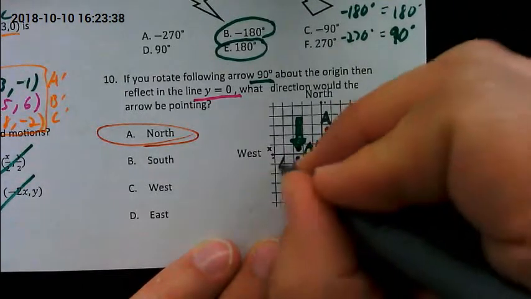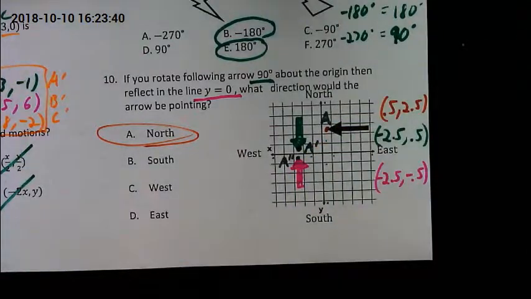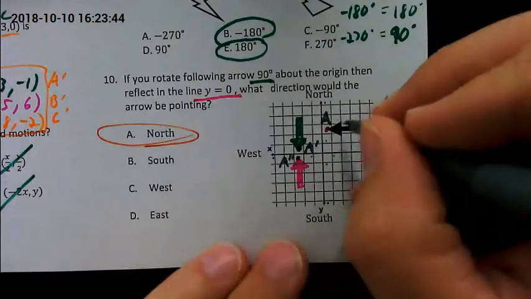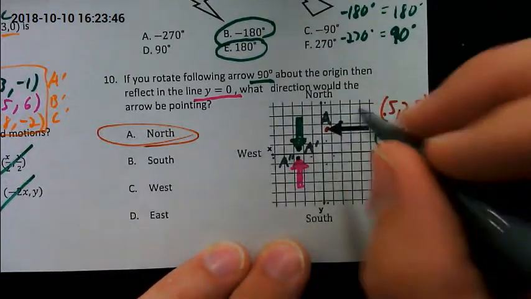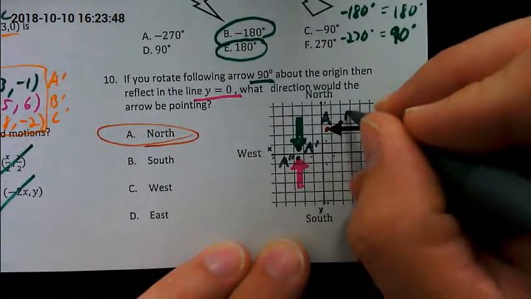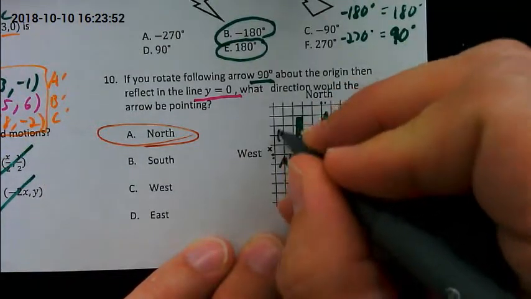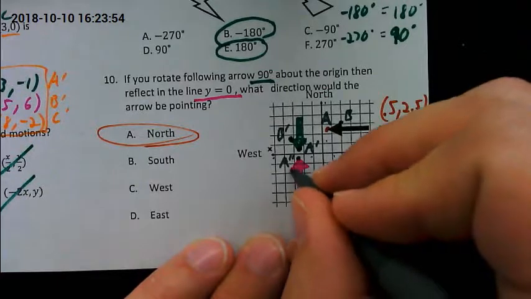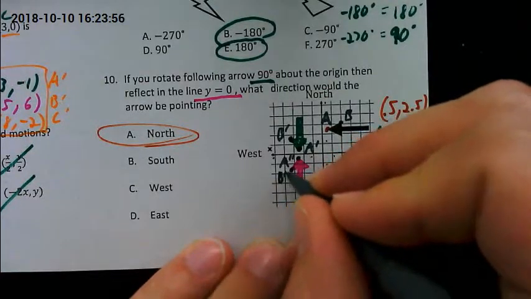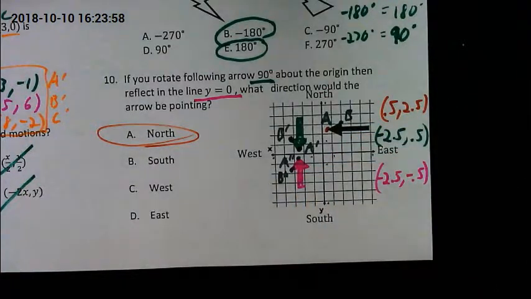This point here would be A double prime. If I had another point, say this point here, let's say I call this one B to begin with. When I rotate it, this would now be B prime, and this would be B double prime. And again, you need to have it in the correct location.